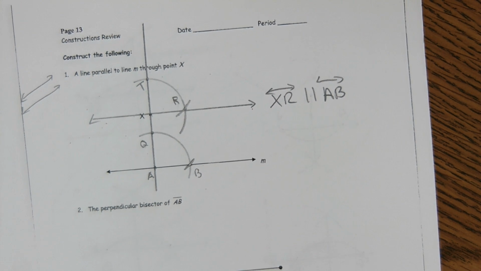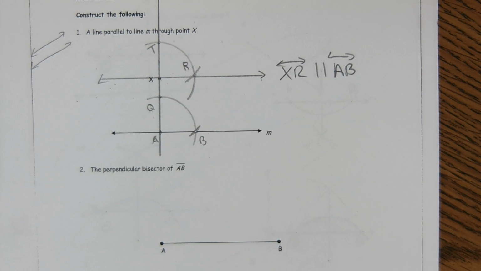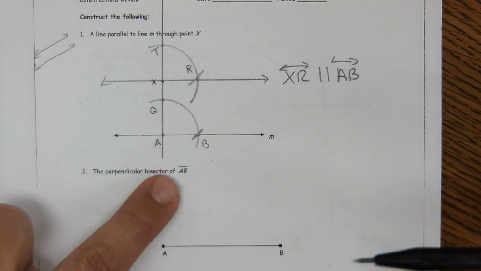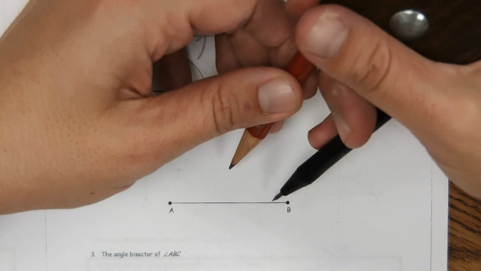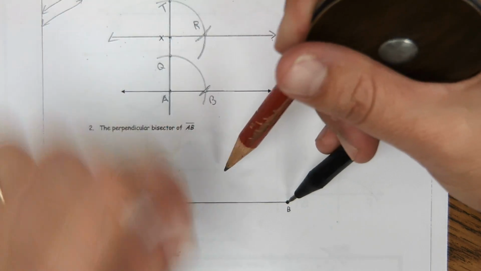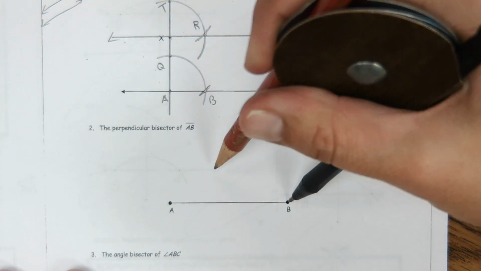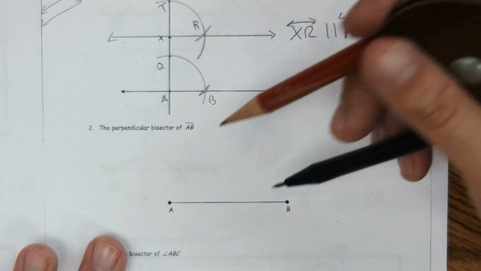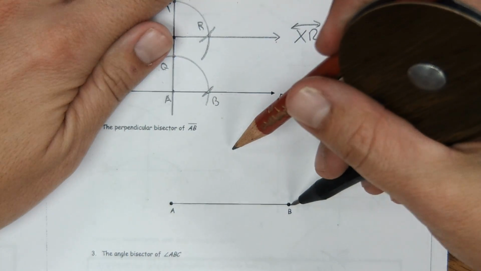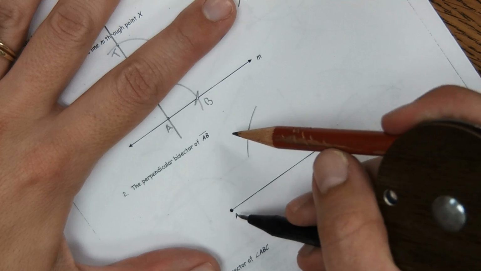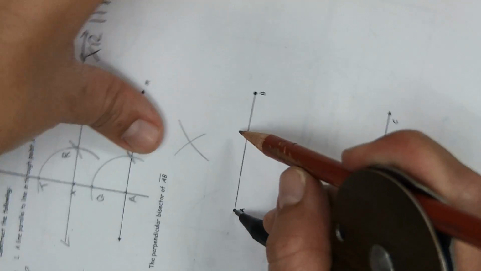Okay, number 2. Perpendicular bisector of AB. So for this one, I need the compass to be greater than half of that segment. If it's not greater, the lines won't meet and they won't cross. So just choose a distance that's greater than 1/2. Then from point B, I'm going to make a mark, and from A, same thing so it crosses.